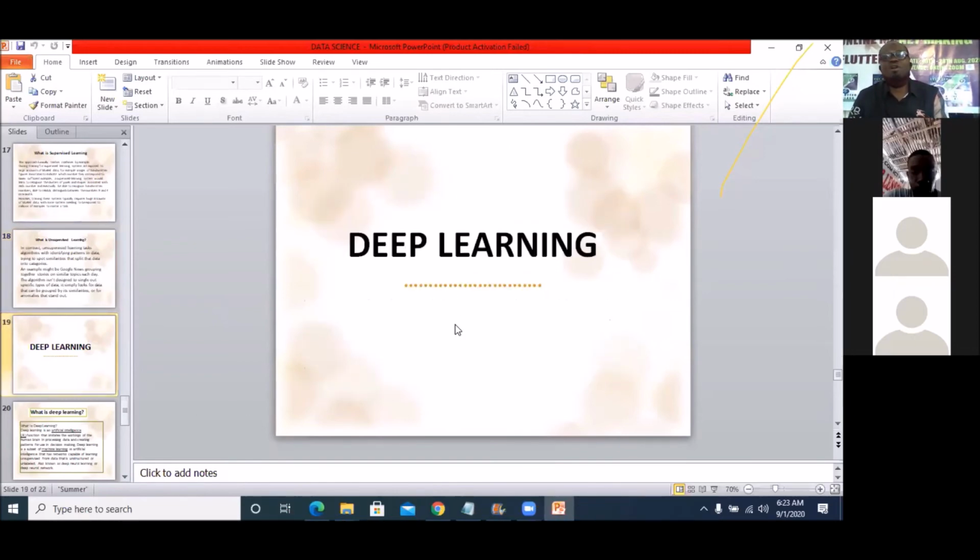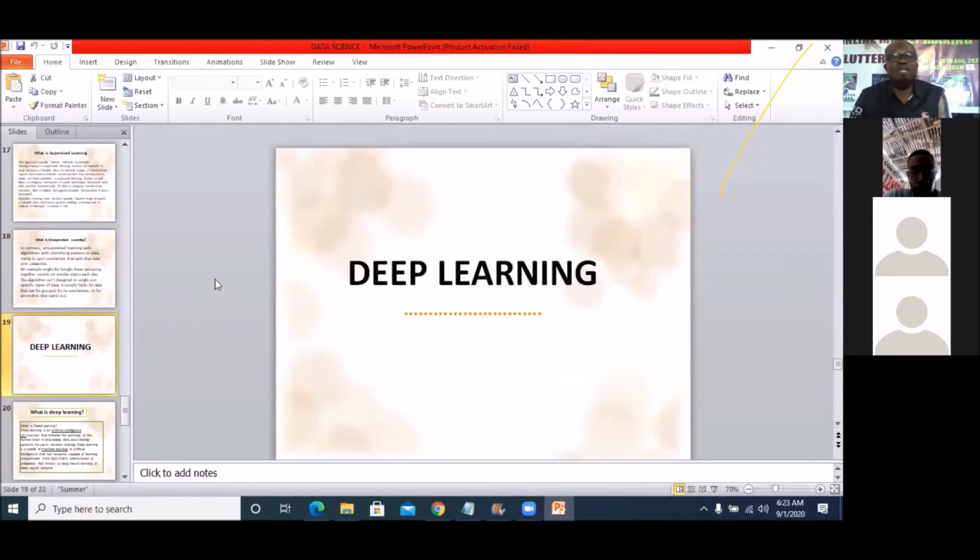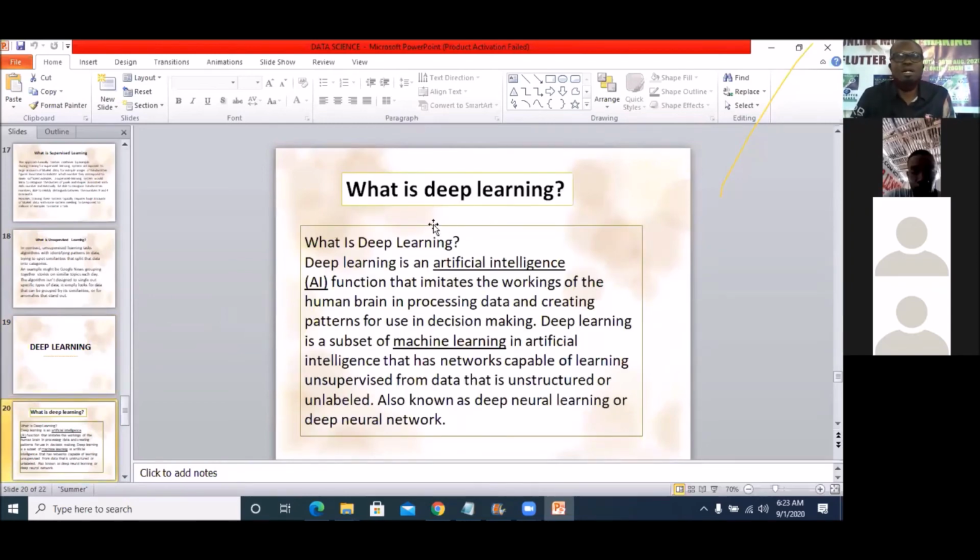So finally, we'll come to the end, which is what? Deep learning. So like I said, deep learning is a form of machine learning that builds its model looking at the neurons in the body. So this one mimics the human way of thinking or the human way of processing data. So what is deep learning?